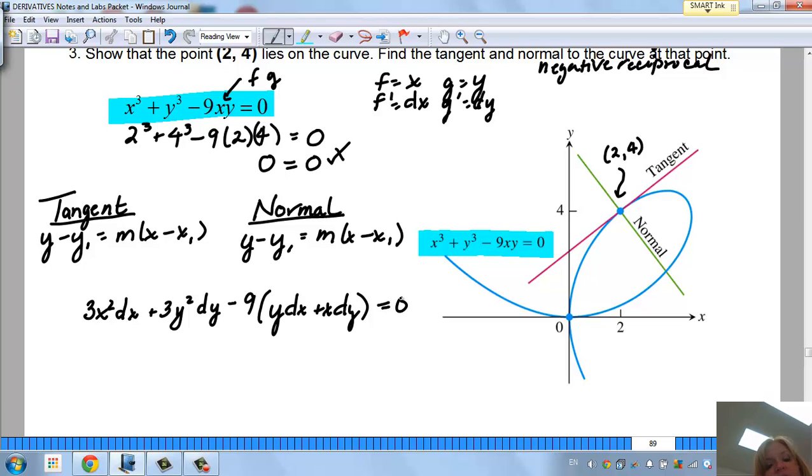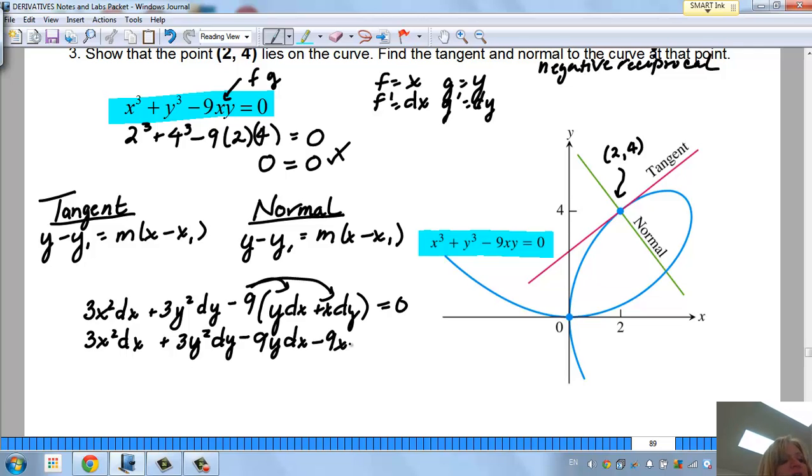Now, again, if you don't have all terms, I want you to multiply through first. So I have 3x squared dx plus 3y squared dy minus 9y dx minus 9x dy equals 0.